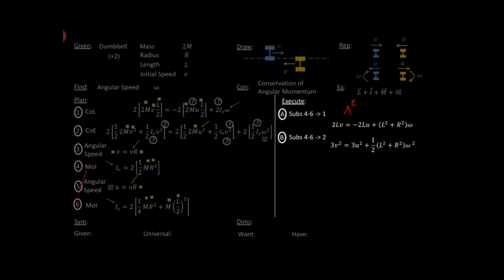So let's see, I'll multiply by 3. And this guy here, I need these guys equal, so I square this one.